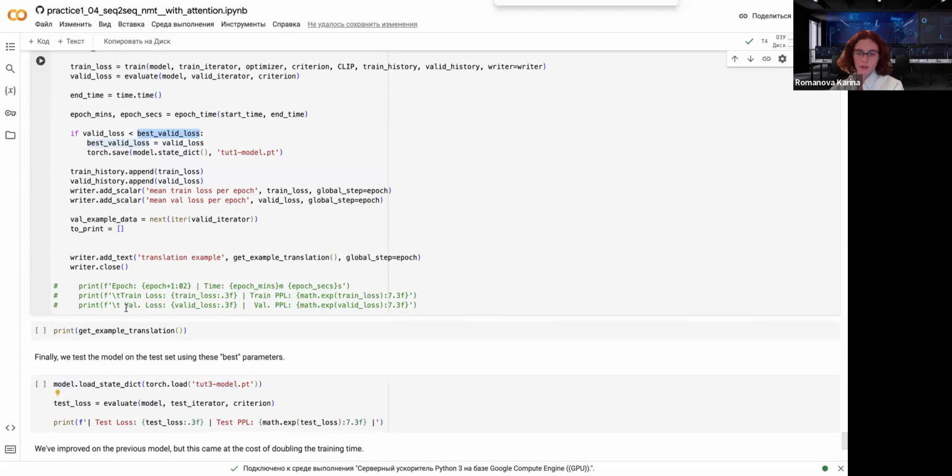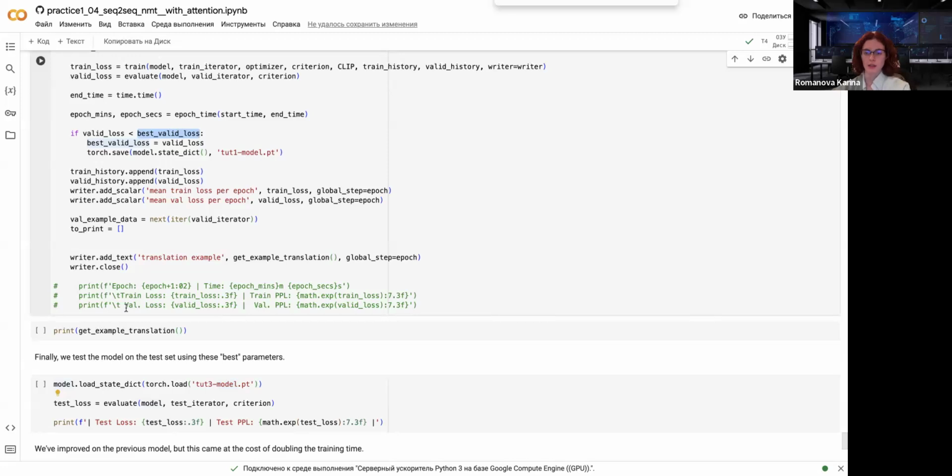Attention allows the decoder to assess the entire sequence of encoder outputs, I mean hidden states, instead of relying on just one context vector. At each step of decoding, attention computes a weighted sum of the encoder's hidden states, focusing on the parts of the input sequence that are most relevant for generating the next word.